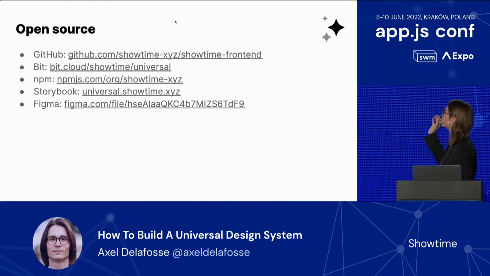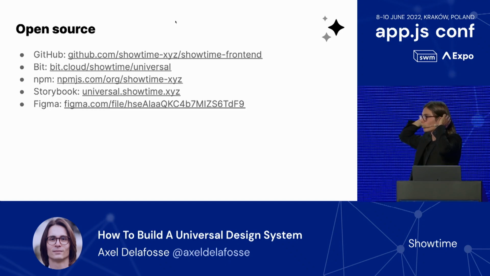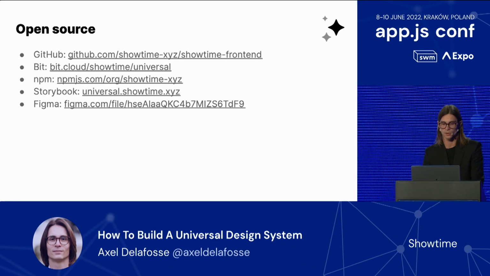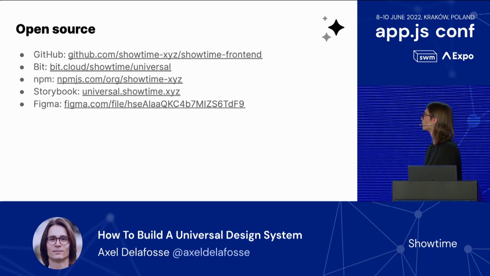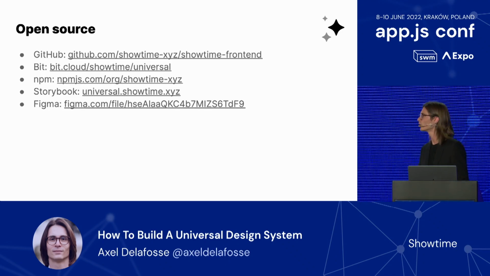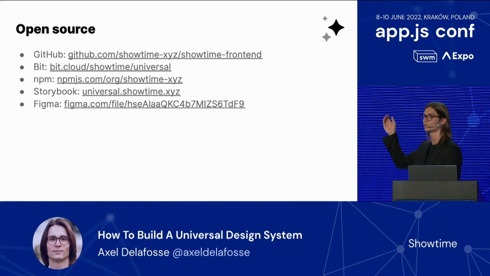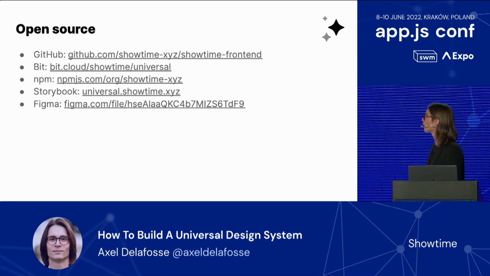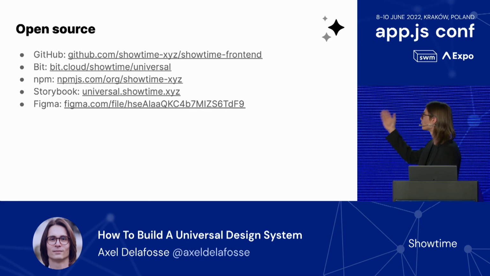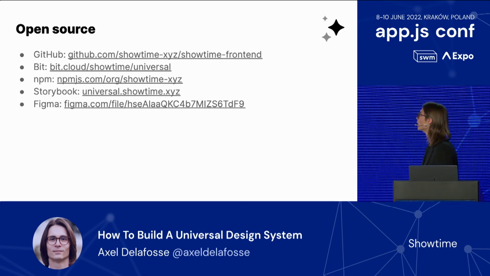All right, so you can see the GitHub repo. There is a lot of things to build yet. We don't have any docs, so it's only on Storybook, but it's already pretty good, so that's pretty useful. We released the components through Bit, which is a pretty neat platform, and so you can go on bit.cloud/showtime/universal.